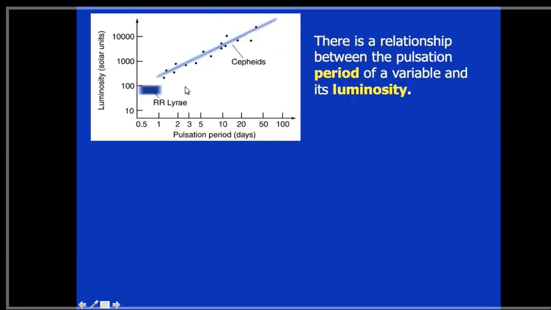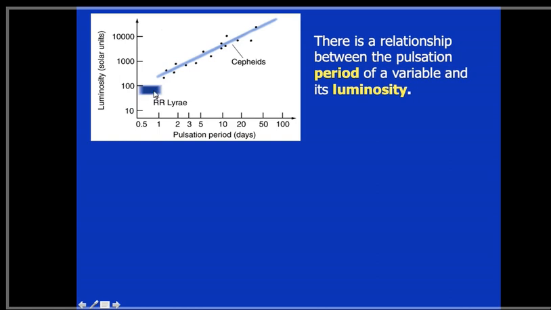Now, what's lucky about these types of stars is that there's this relationship between the pulsation period of the star and its luminosity. You probably could sort of tell that because we talked about how RR Lyraes, we said, well, they're sort of the lower mass stars, and they have these shorter periods, less than a day. Cepheids are these higher mass stars, and they have these longer periods.